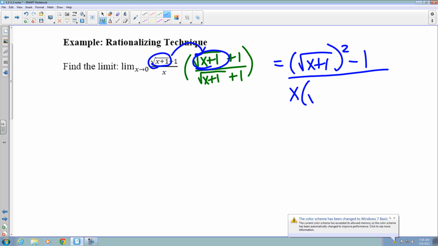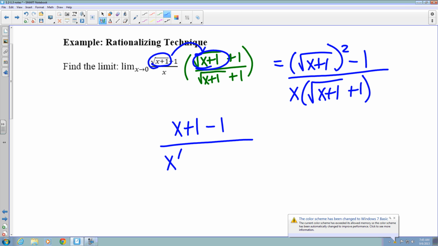And on the bottom, we don't have to multiply anything through, and just leave it like that. So the square root of x plus 1 squared is just x plus 1 minus 1 all over that lovely function. Plus 1 minus 1 on top leaves us with just x.